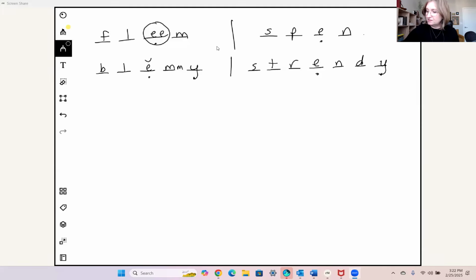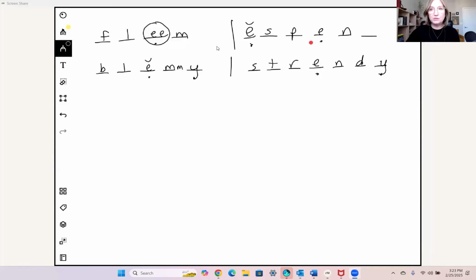So if, for instance, the word was spendy, I'm going to pretend that this word is S-P-E-N. I want this word to be speeny. No, I want this word to be speen. Speen.